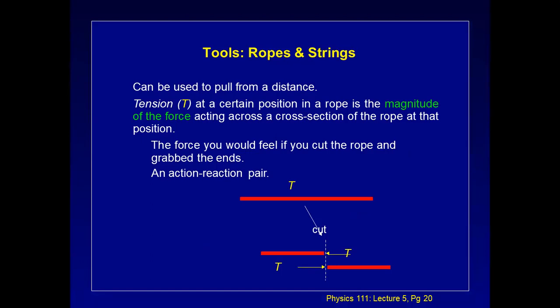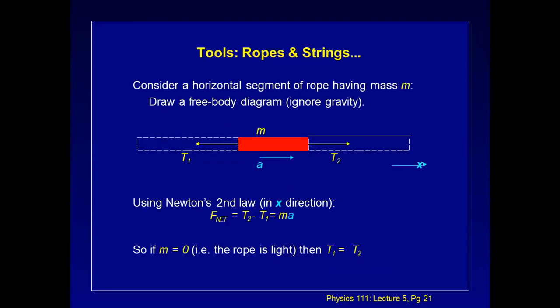As you can see on the figure, we have the tension. Okay? Tension that is applied on the ropes. Consider a horizontal segment of the rope having mass m. If we're going to draw a free body diagram of this, we're going to ignore the gravity.